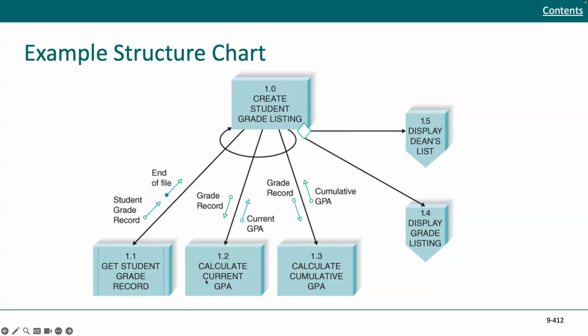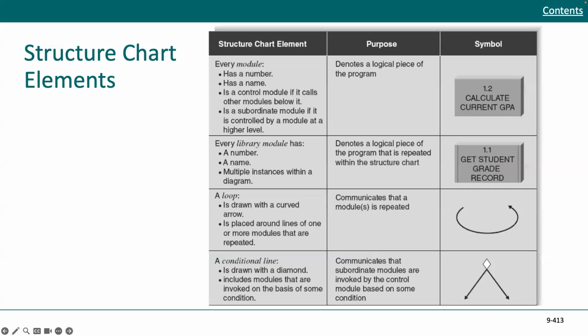You need to get all of the records, the current GPA, cumulative GPA, and then the outputs you display, what the grades are, and if they are on the dean's list, that would be something we would want to include. So here we have syntax that we need to abide by.